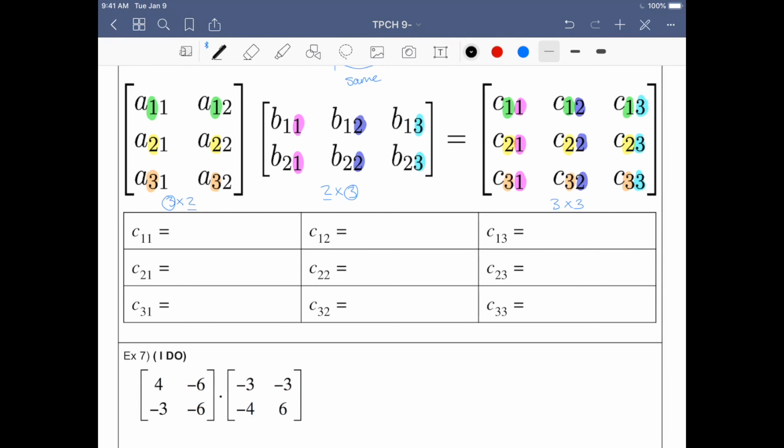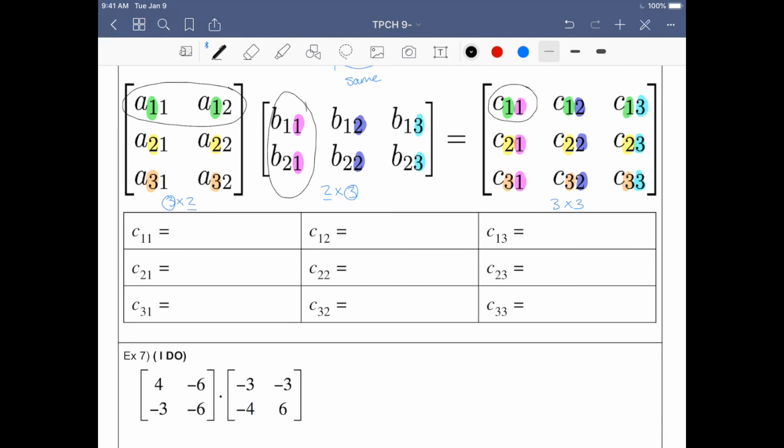So when you multiply matrices, you multiply the row of the first matrix times the column of the second matrix. And it's actually a linear combination of these things. So let me show you where that goes. It's going to go here in the first row, first column of your resulting matrix.